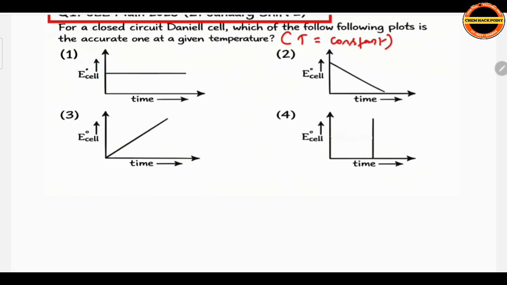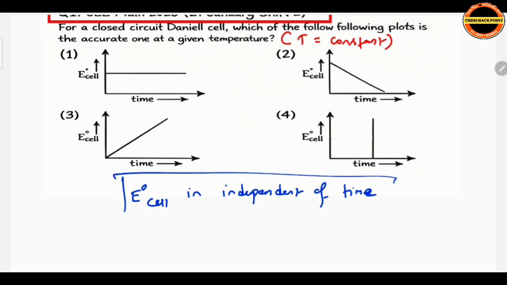We already studied just now that E naught cell is independent of time. Once we know this, E naught cell is independent of time; no doubt only E cell changes with time.